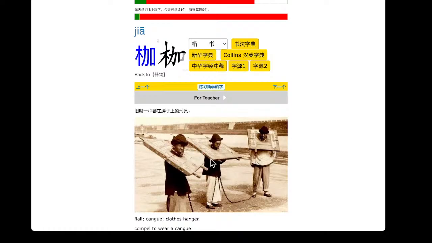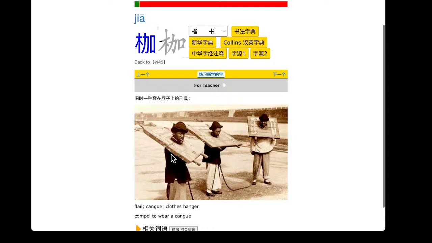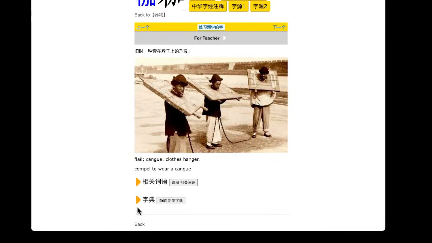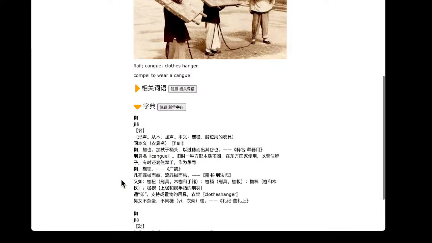It's this big board with a hole for the head. And then the thing about these is, if you got this on, you can't feed yourself. So you would have the prisoners, the criminals or whoever, have to beg for food and have people feed them, or otherwise they would starve to death. So this was a pretty cruel punishment.